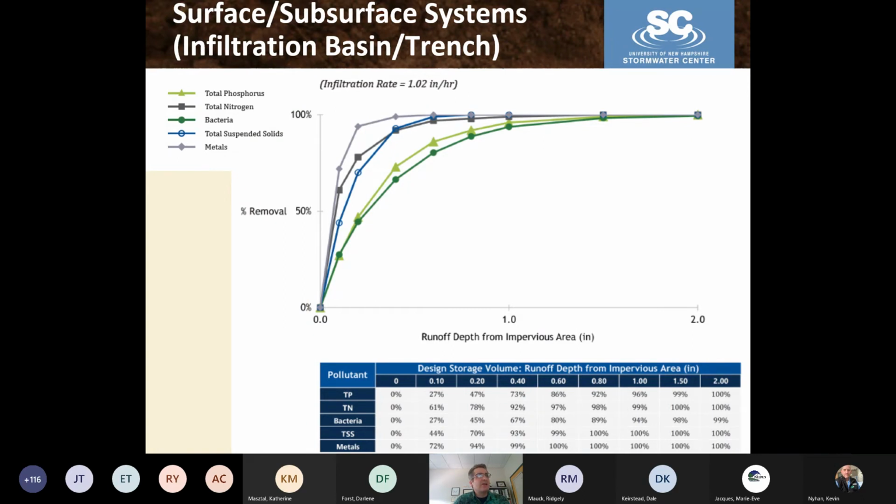Subsurface infiltration systems, there's two performance curves for these. One's an infiltration trench, one's an infiltration basin. They're very, very similar. A trench is longer than it is wide. That's the primary definition.